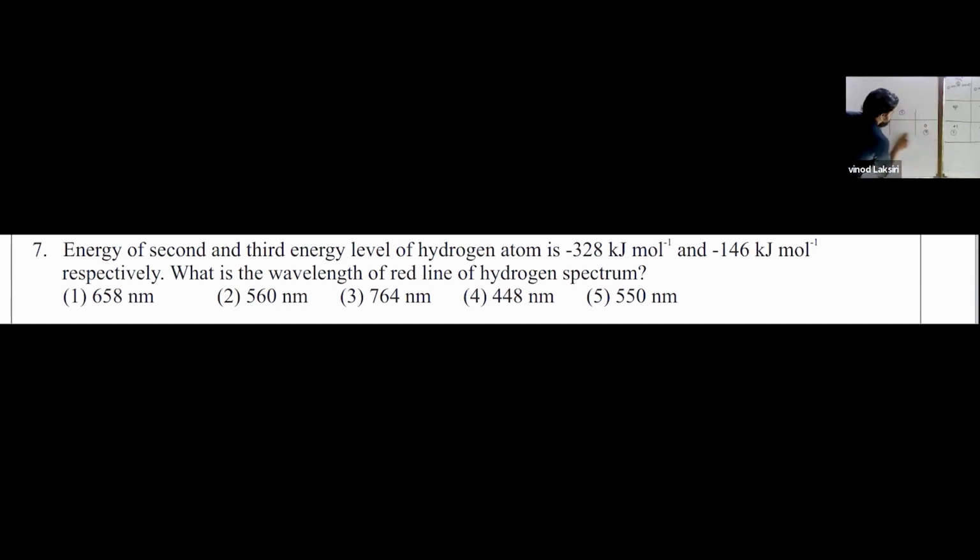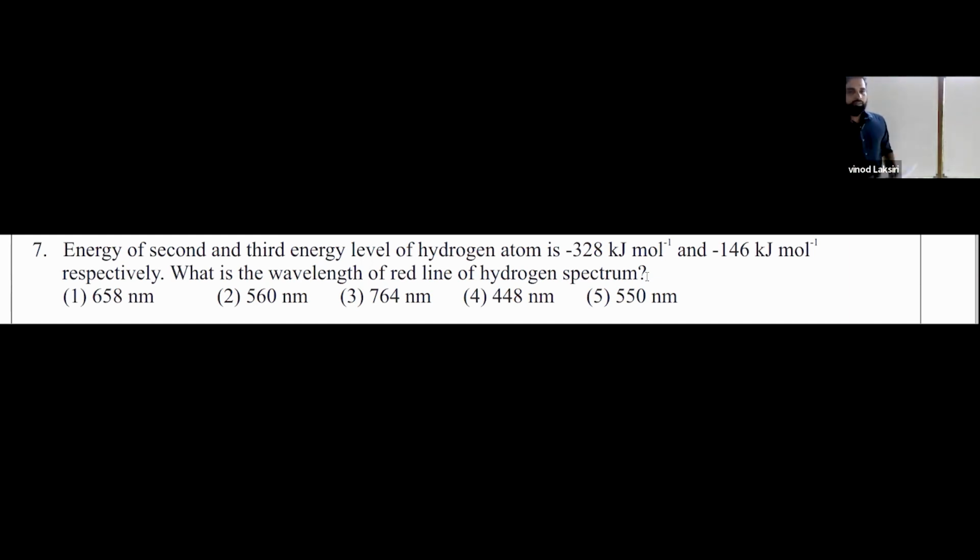In the hydrogen spectrum, there are three main series: Lyman series, Balmer series, and Paschen series. Altogether there are five series. The Lyman series is created when an electron moves from an upper level to the first energy level.